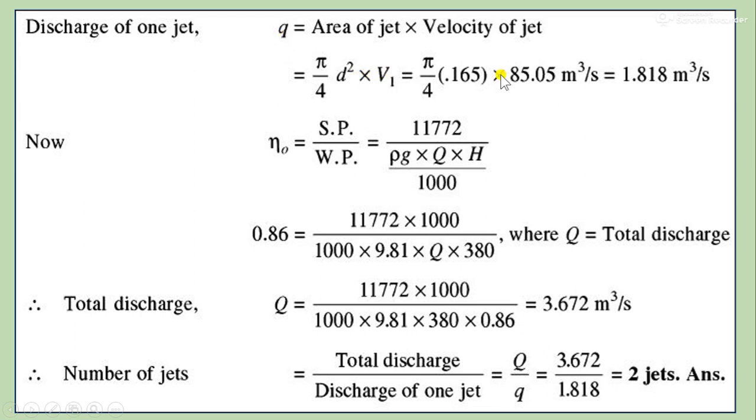Putting them here, we can get the jet discharge. Now from the overall efficiency formula, we can obtain the value of Q, because in this the shaft power is given, rho g QH. In that H is given, and as the power is given in kilowatts, we multiply here by 1000.